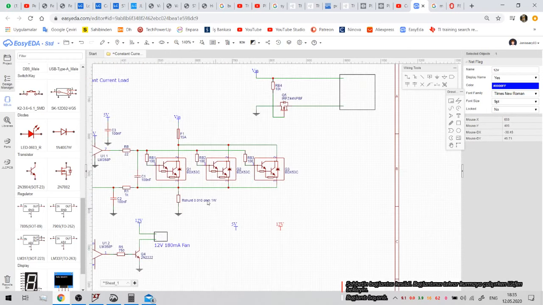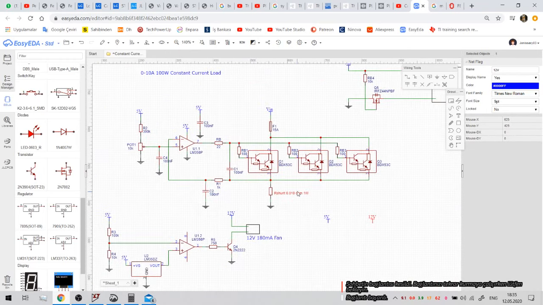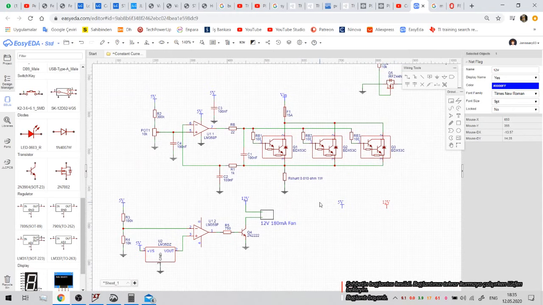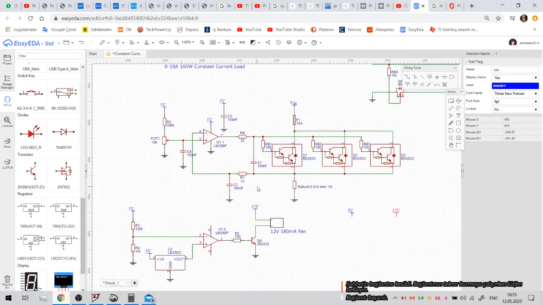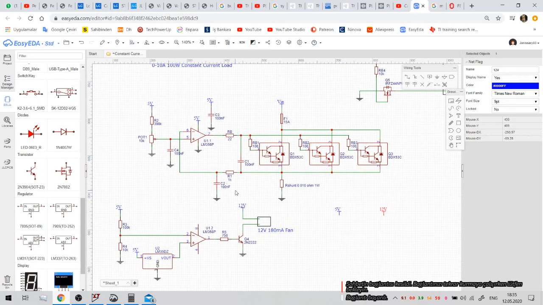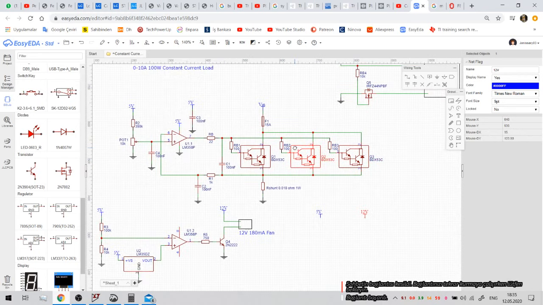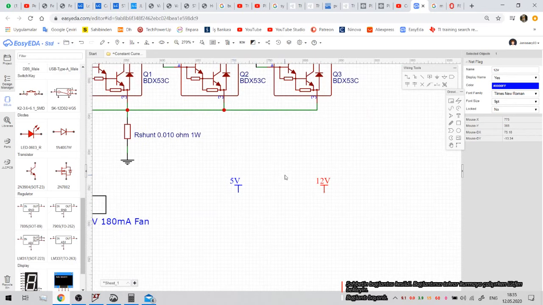We can produce a PCB for it. It's also nice. It's also great. I think it can be. We can use a better schematic, and we can use it for some PCB.